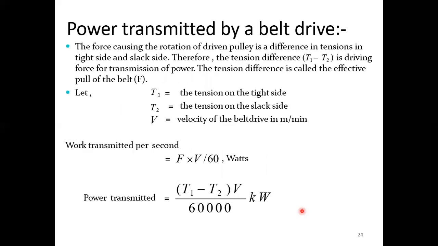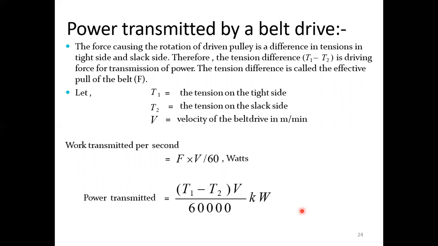This is the power transmitted by belt drive. It depends on the tension on the tight side and the tension on the slack side, that is T1 and T2. The force causing the rotation of the driven pulley is the difference in tension between the tight side and slack side. Therefore, the tension difference T1 minus T2 is the driving force for transmission of power.